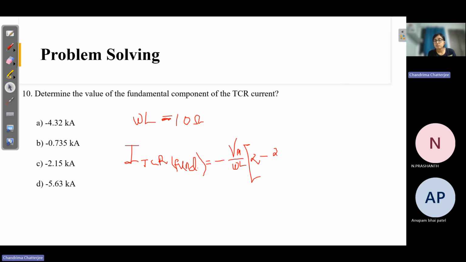So this expression is 2 minus 2 alpha by pi, minus sine 2 alpha by pi. Right? Can any of you calculate and tell me the value?